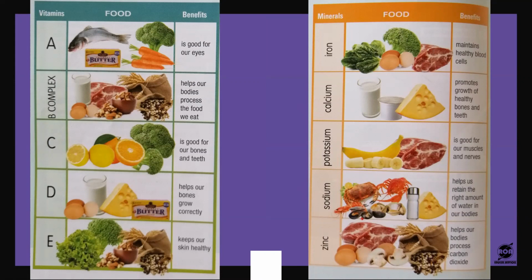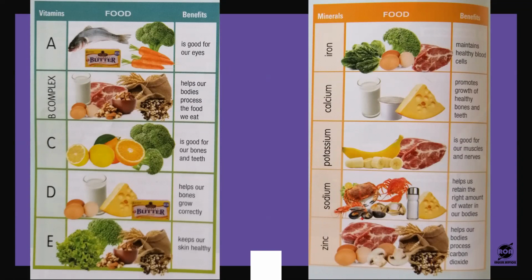Then vitamin C includes citrics. C for citrics. We have here lemon, orange, broccoli, and it is good for our bones and teeth. Then we have vitamin D, which includes eggs, milk, cheese, and butter, and helps our bones grow correctly. In vitamin E, we have lettuce, broccoli, nuts and seeds, and also grains, and this keeps our skin healthy.